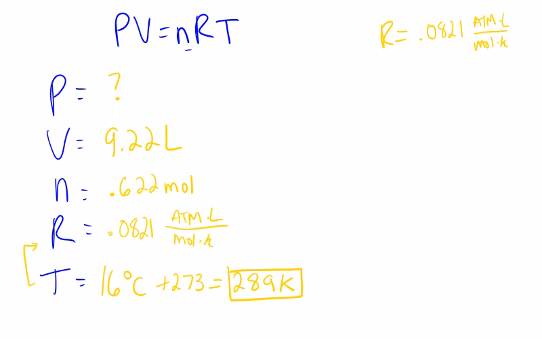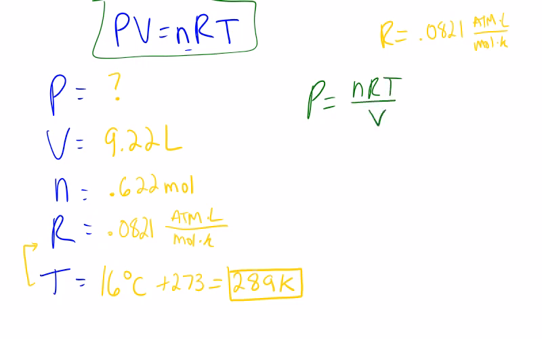So you can see all we're looking for is P. I encourage you, before you start plugging numbers in, go ahead and rearrange your equation to solve for P. Just a little simple algebra will save you a lot of time. We want to get P all by itself by dividing by V. So we're going to have P is equal to nRT divided by V. Now all we have to do is plug our numbers in.